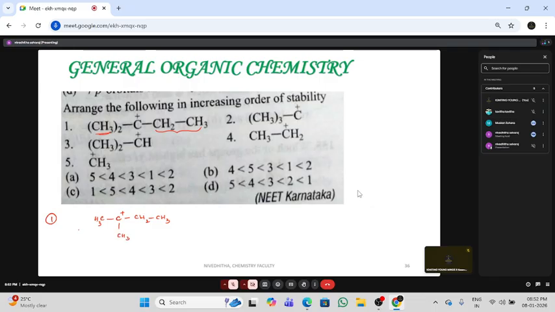So this is tertiary. Sidra was right. This is tertiary because the positively charged carbon is attached with 3 R groups. Second one also tertiary, ma'am. So this is also tertiary. How about the third one?